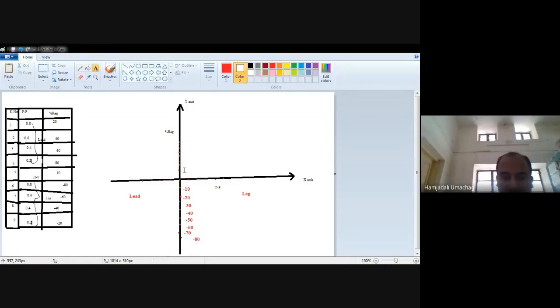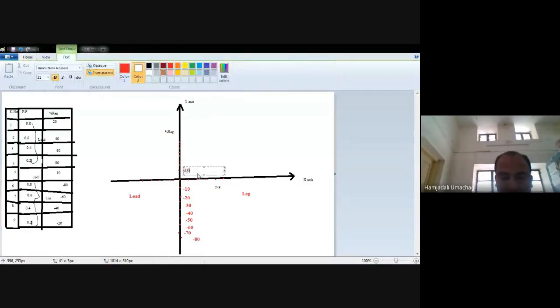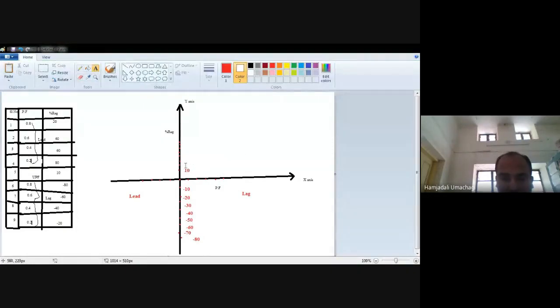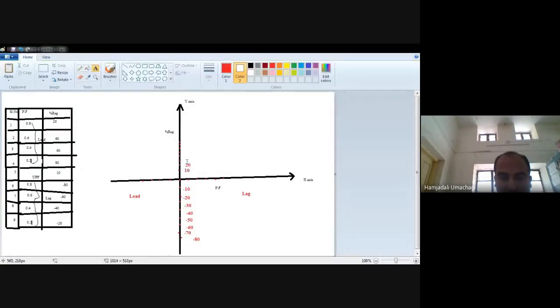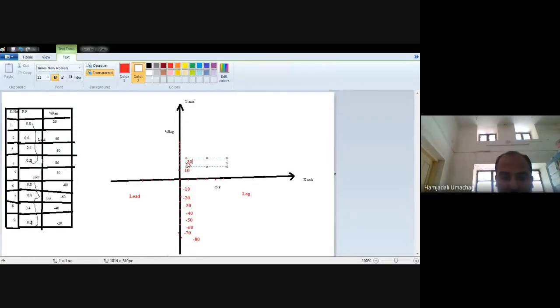Similarly, here positive regulation 10 on the upper side of the axis, first quadrant. Here regulation will be positive 20, 30, likewise you have to take, and here I have to take it on the x-axis.